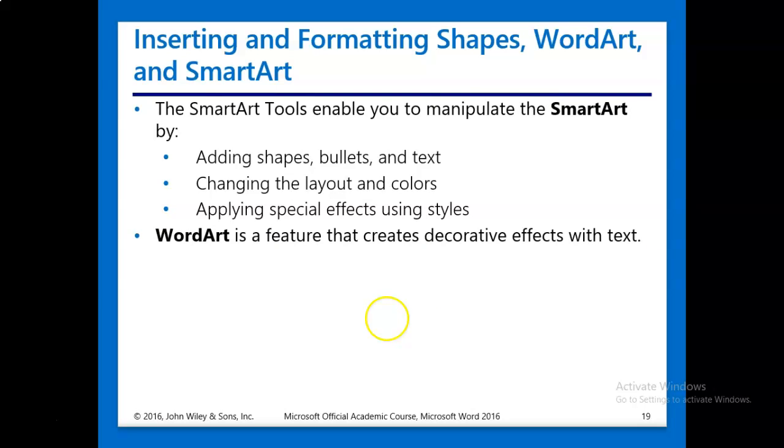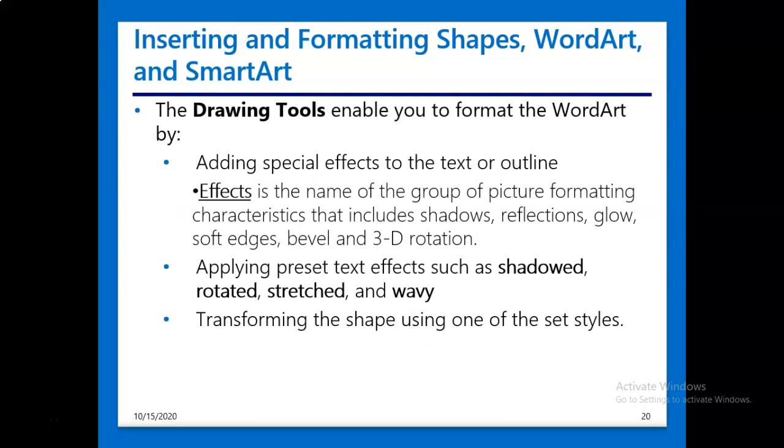The SmartArt tools enable you to manipulate the SmartArt by adding shapes, bullets, and text, changing the layout and colors, and applying special effects using styles. WordArt is a feature that creates decorative effects with text. The drawing tools enable you to format the WordArt by adding special effects to the text or outline.